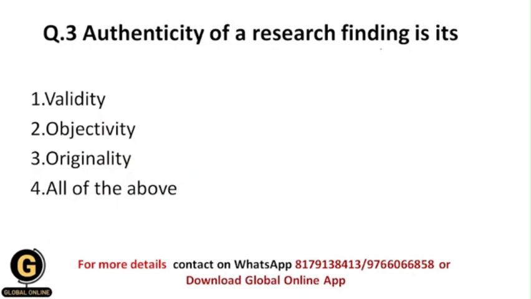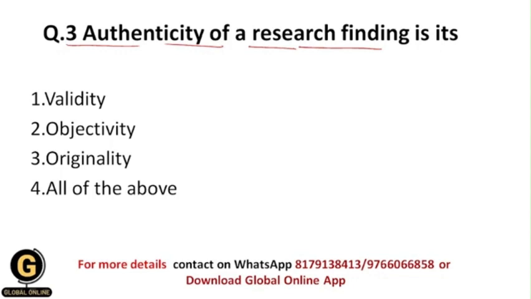Authenticity of a research finding is its... So what is the authenticity of a research finding? Okay, so basically students, authenticity means that we have the proper proof that this particular object or thing is authentic, it is original, it is not copied from somewhere else.